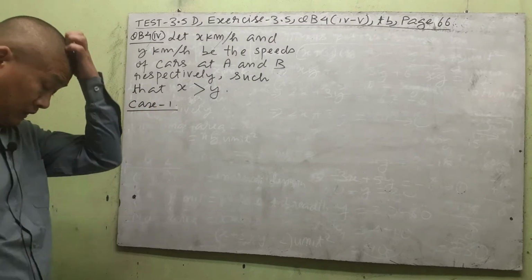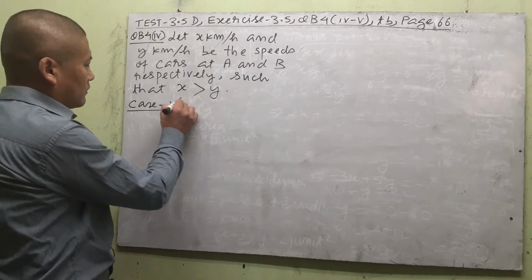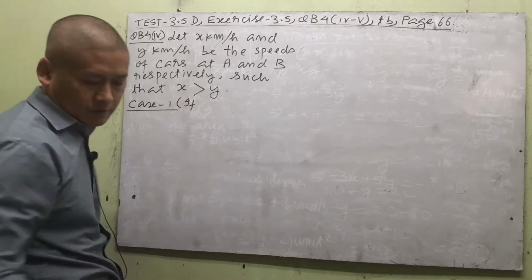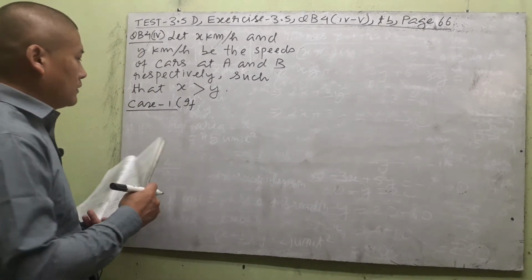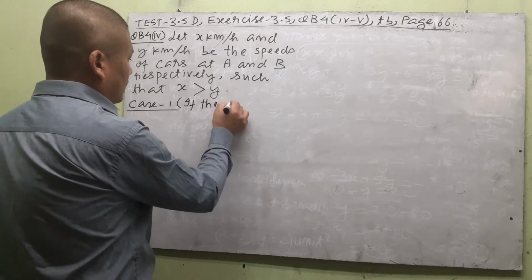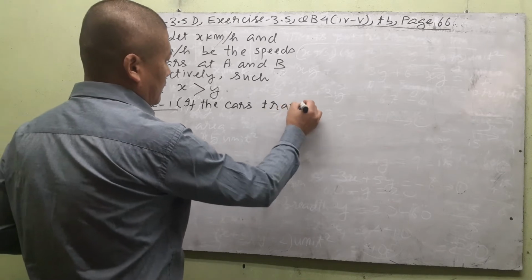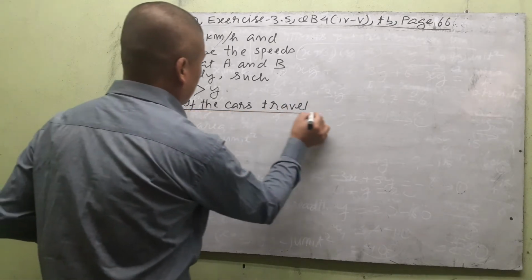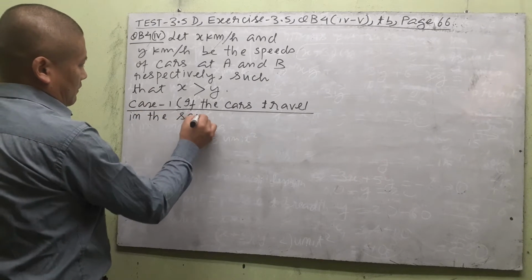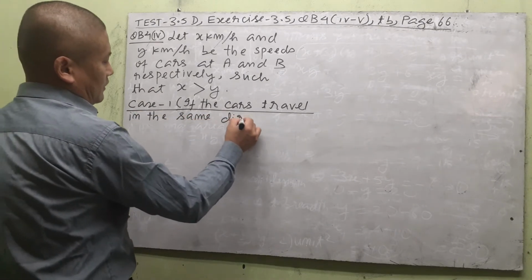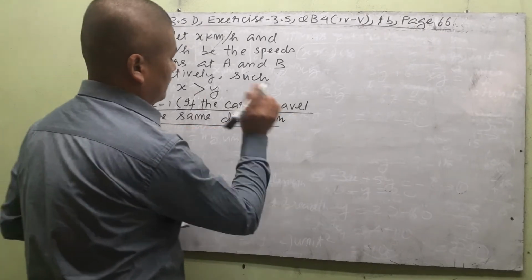In the first case here, the case 1 will deal with, if we use the same language of the text, the cars travel in the same direction. If the 2 cars travel in the same direction, exactly the words used in the question.